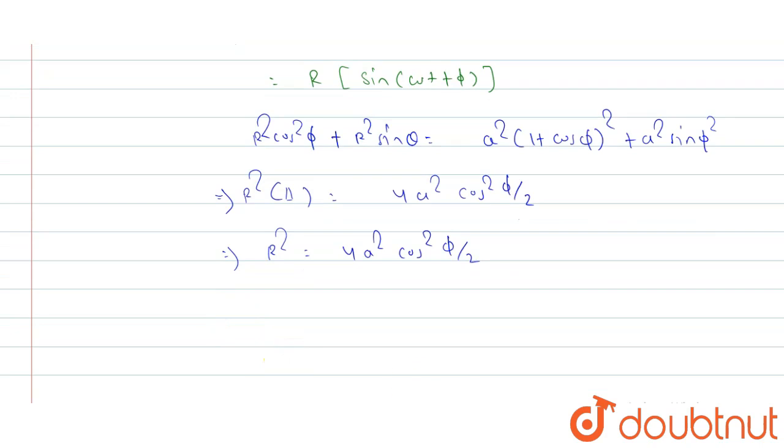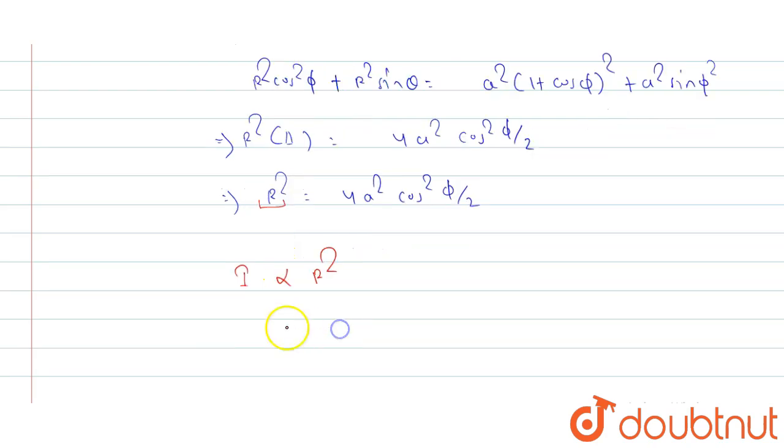Now we know students, intensity I is directly proportional to amplitude square, and here the resultant intensity would be directly proportional to the resultant amplitude R square. That implies, students, I is equal to 4A square cos square phi divided by 2.